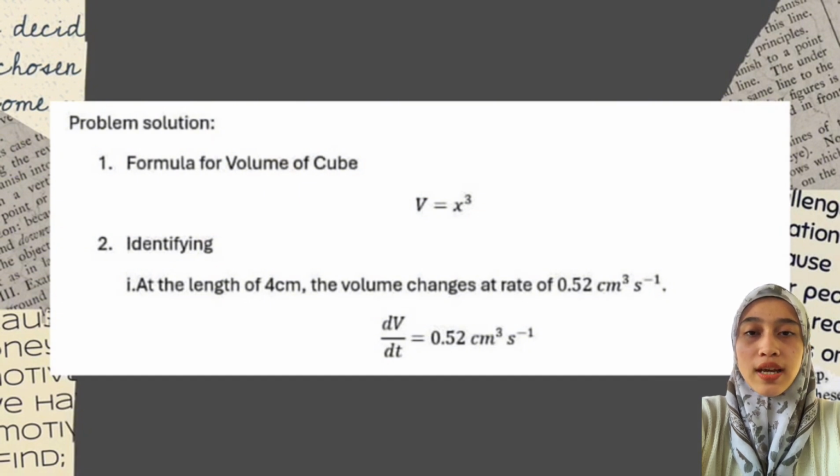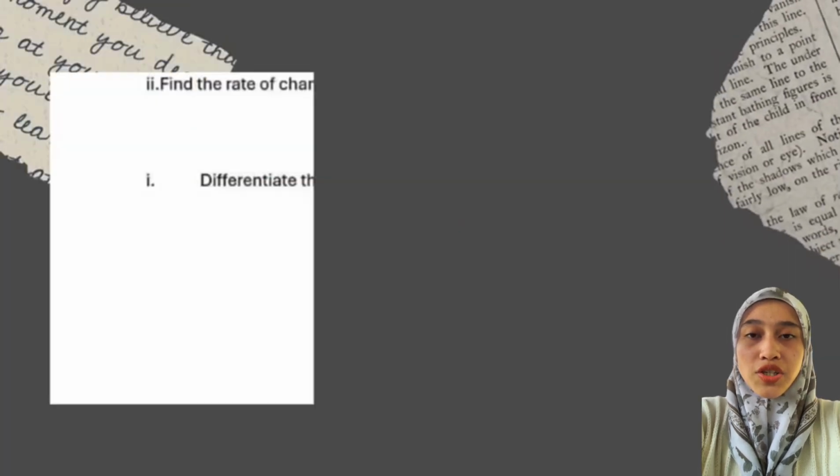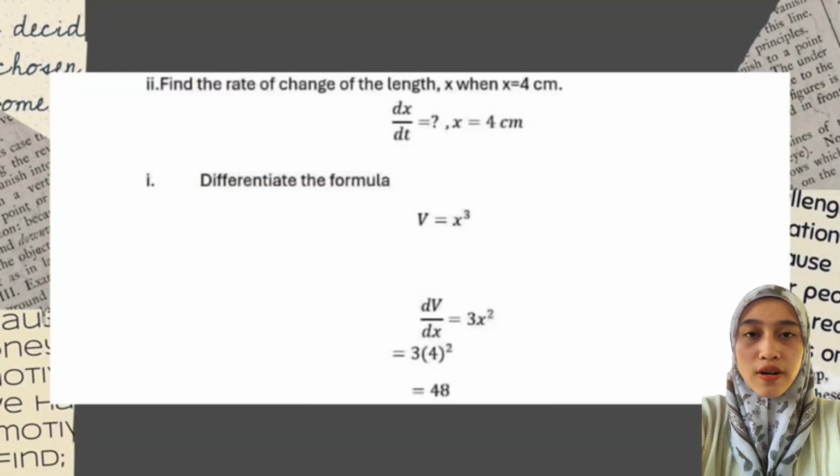So we can declare that dV over dt is equal to 0.52 cm³ s⁻¹. Next, the question asks us to find the rate of change of the length x when x equals 4 cm. So we can declare that dx over dt, with x equal to 4 cm.